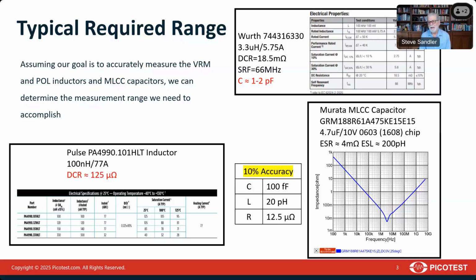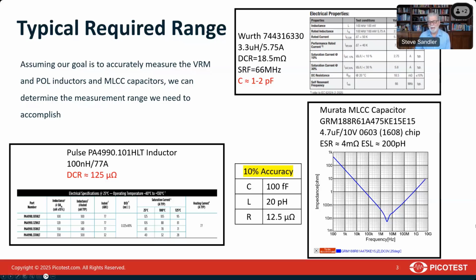And the ESL of a typical 0603 capacitor today is about 200 picohenries. So for the sake of argument, we want to measure these three terms: the DCR, the parasitic capacitance, and the ESL.